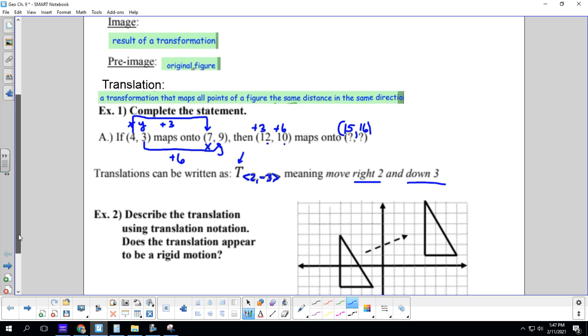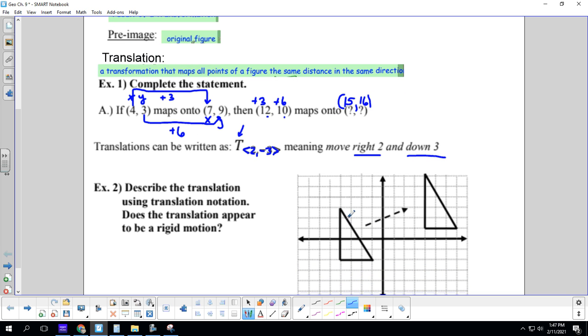So we are going to describe this translation. So this is our pre-image using translation notation. Translation notation starts out with a big T. It has the little arrowhead here. And then we are going to use one point on our figure so we can count how far we traveled to get to the second point.